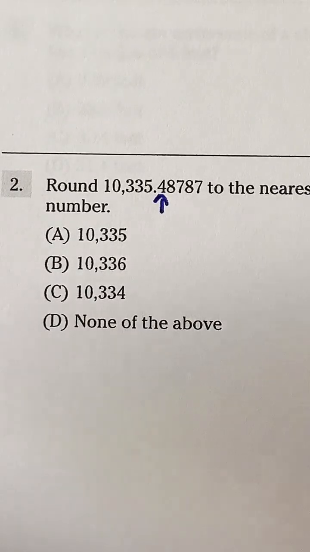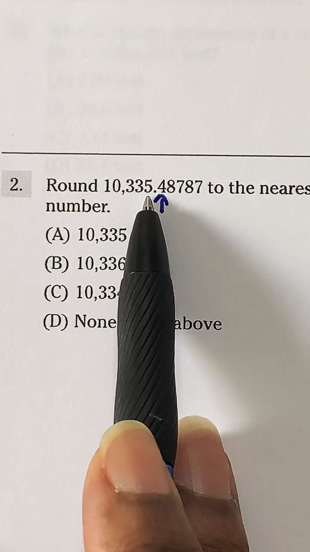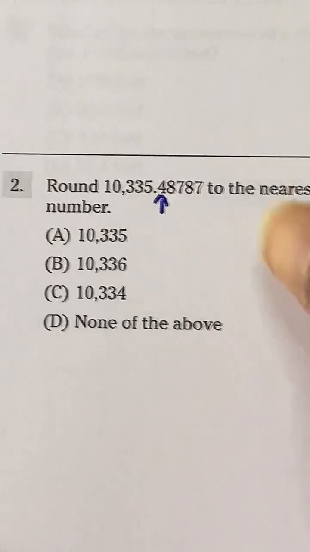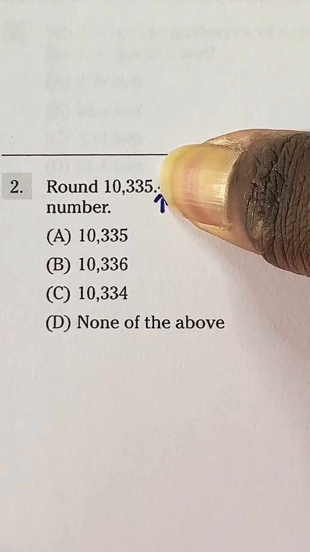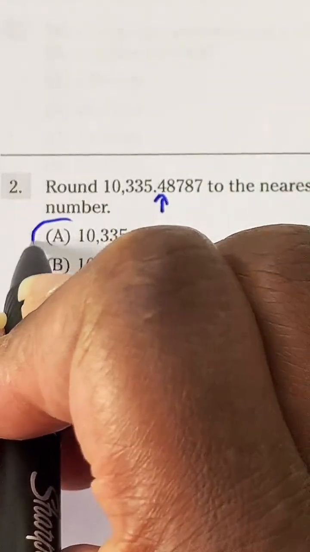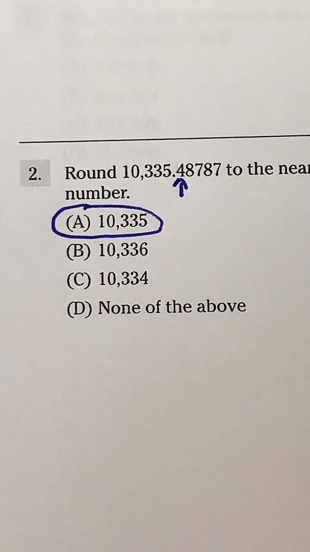If it's 5 and above, that means I'm looking at 5, 6, 7, 8, 9, we give it a shove. That means we add 1 to the previous slot. But if it's 4 and below, that means 4, 3, 2, 1, 0, we ignore all of this and we just keep what we currently have. So our answer is actually going to be 10,335, which will be part A.